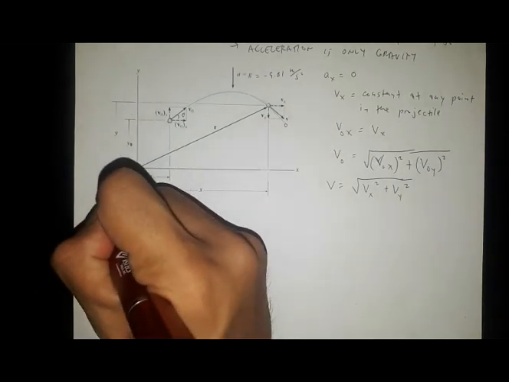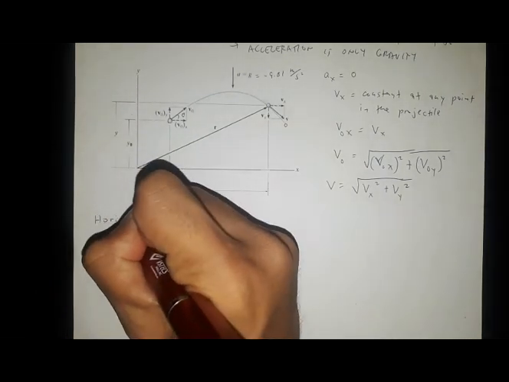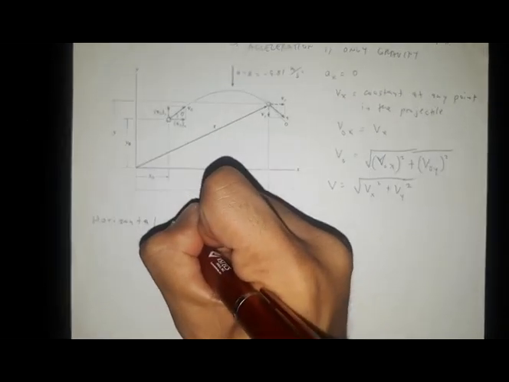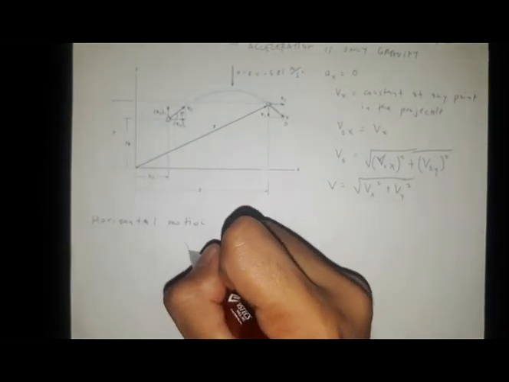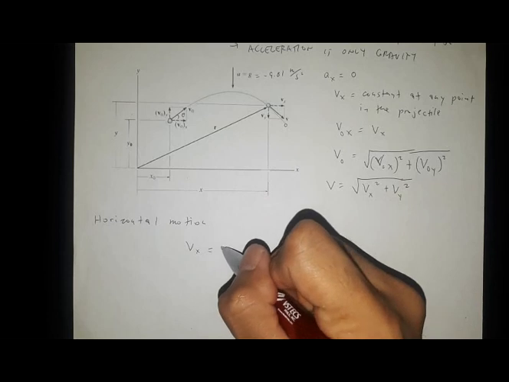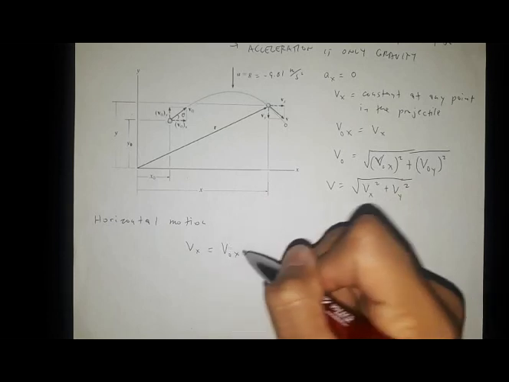So first, for the horizontal motion, our Vx is equal to Vox.